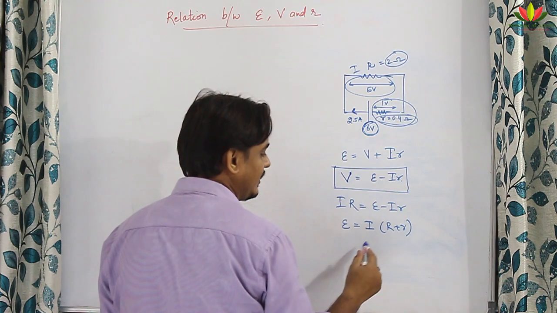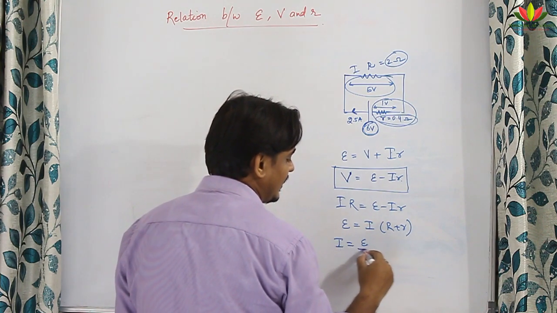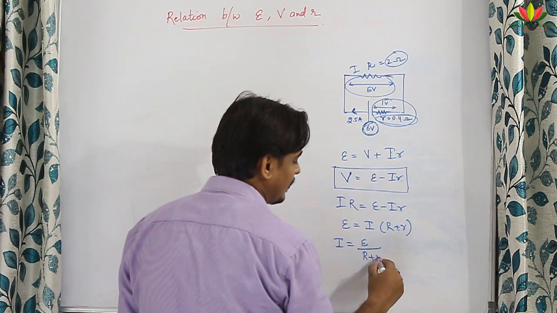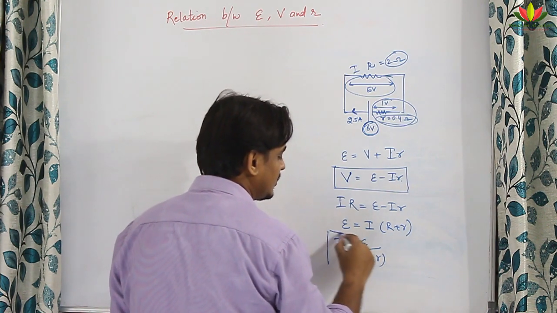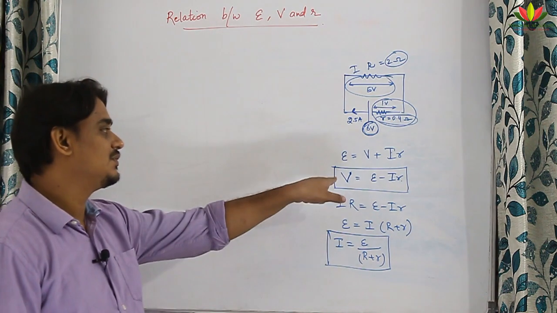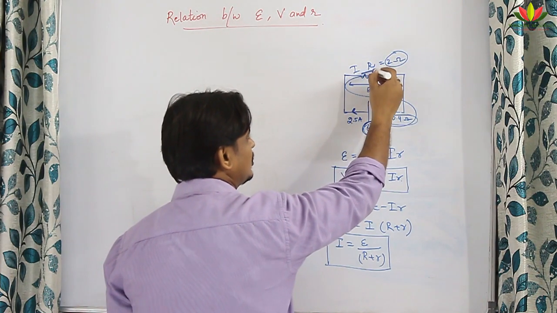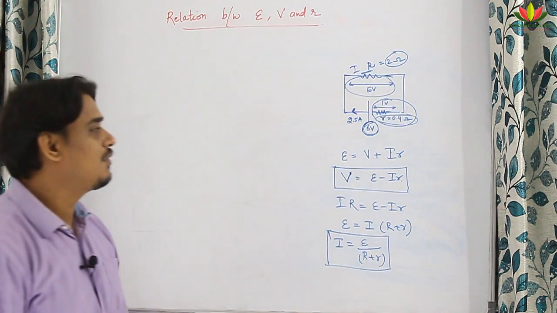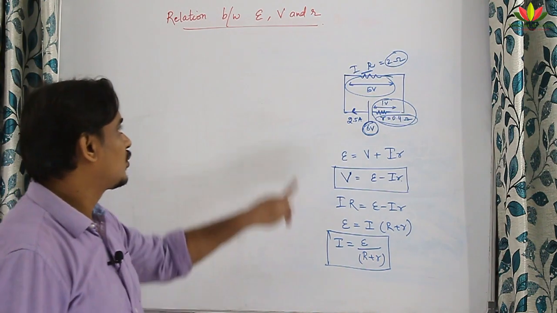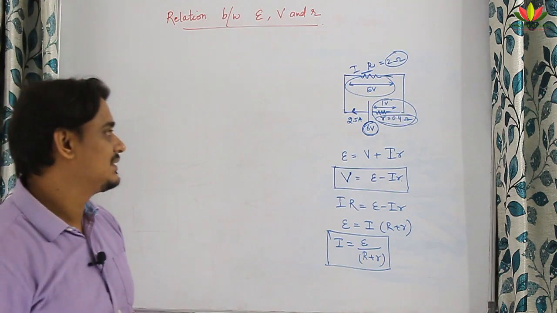So, from here I can write that current I will be equal to electromotive force by R plus r. This is the relationship I can draw if I assume V is equal to IR. Current is coming and r is the internal resistance, so the potential difference is Ir. This is how we find the relationship between electromotive force, potential difference and internal resistance of a cell.